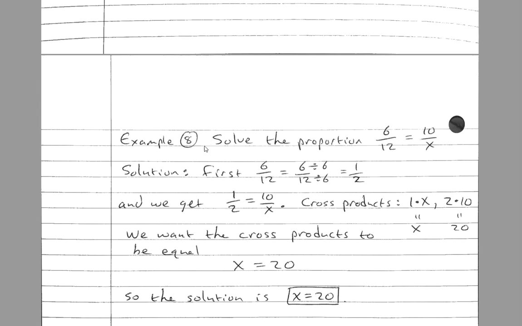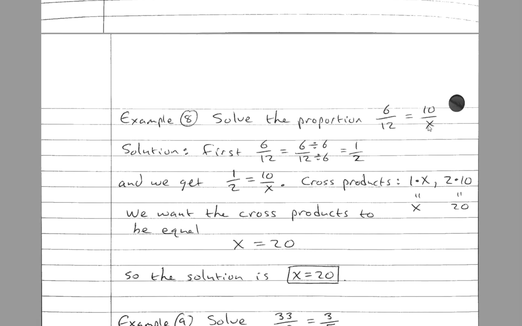Okay, how about this one? Example 8. Solve the proportion 6 over 12 equals 10 over x. Again, we're looking for what number that x should be. What should we replace that x by to get a true proportion, a true equality here?